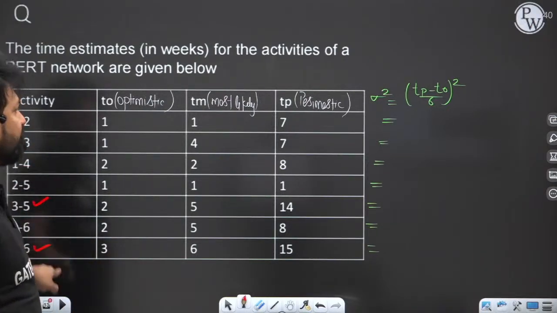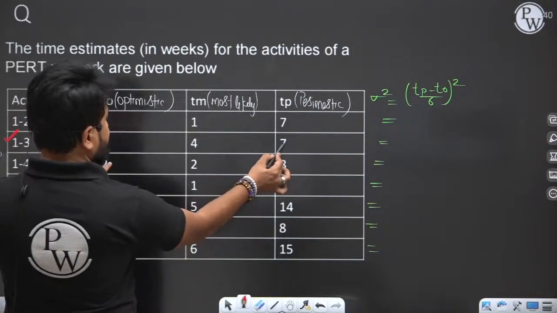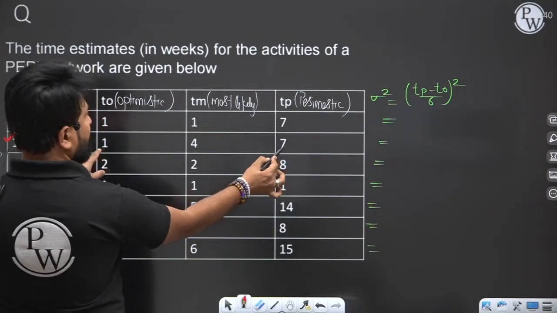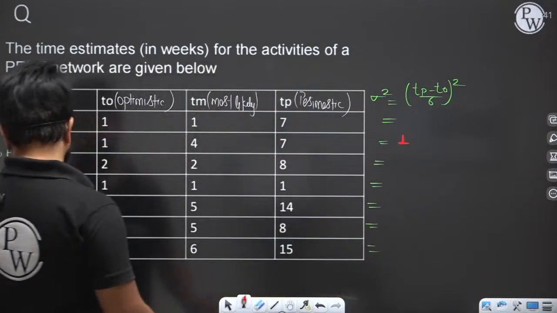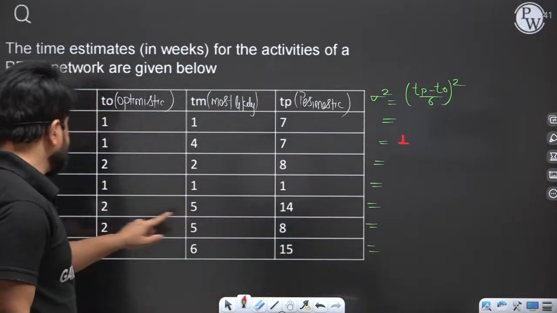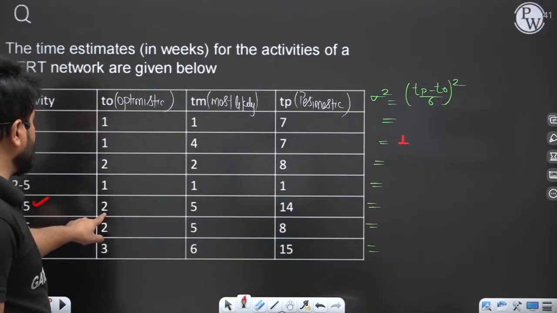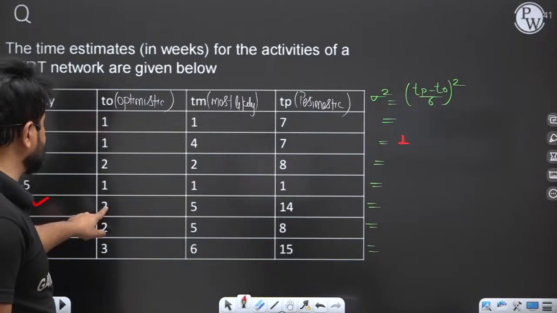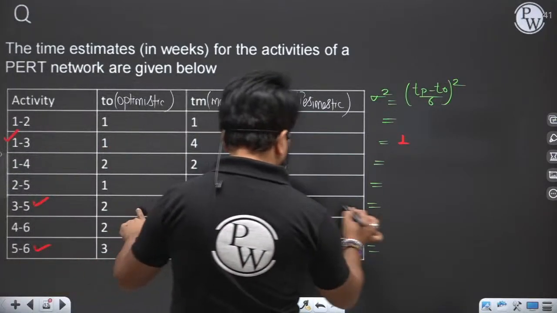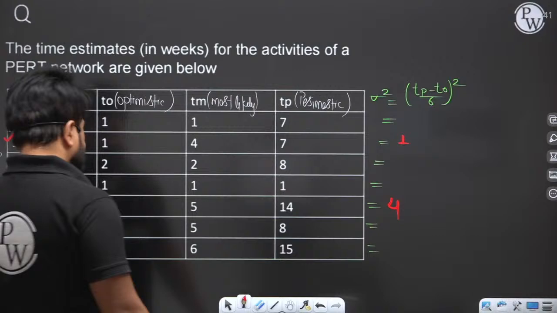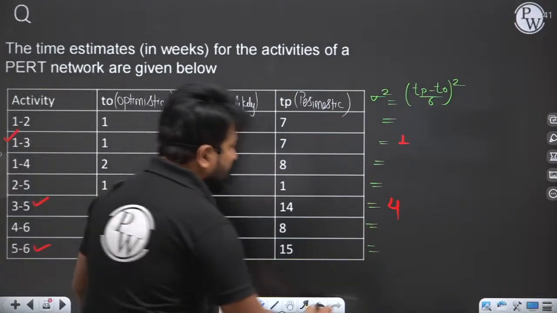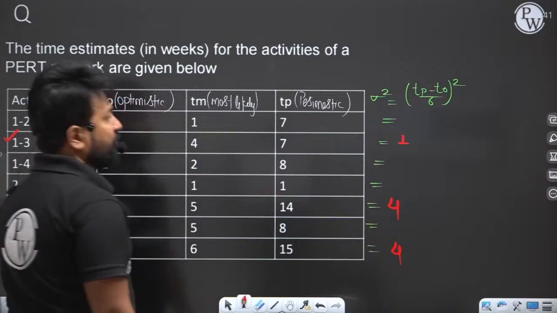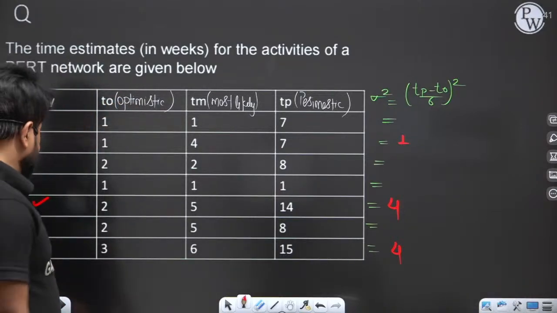I need only the variance of these. For 1, 3 it will be Tp 7 minus 1 is 6, 6 by 6 is 1, so 1. For 3, 5, that is 14 minus 2, 12, 12 by 6 is 2, 2 square 4. Here 15 minus 3, 12, 12 by 6 is 2, 2 square 4. So the variance will become 4.